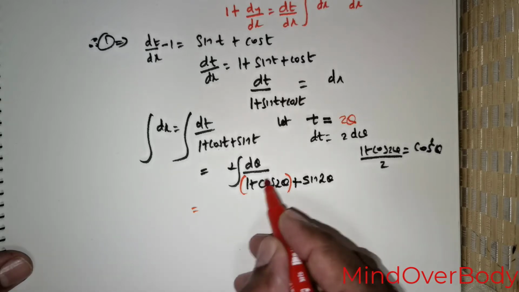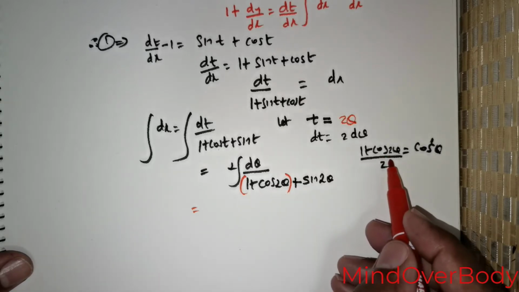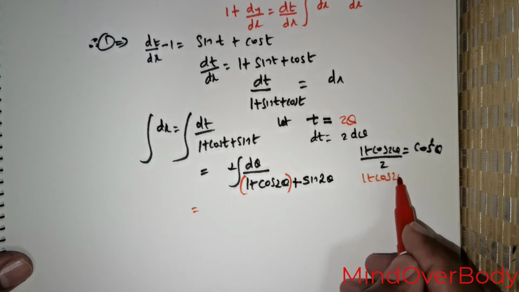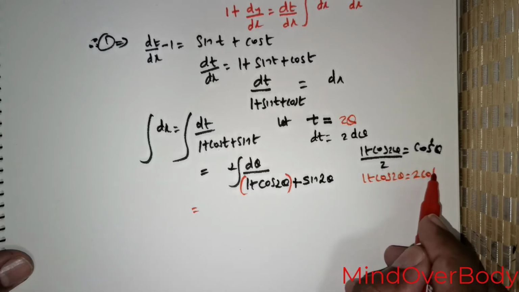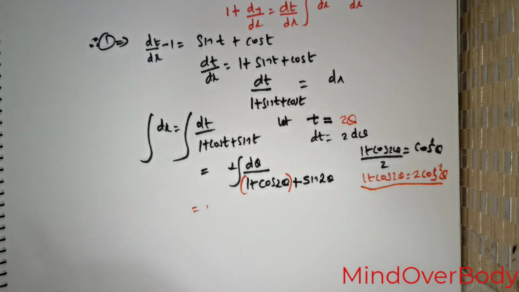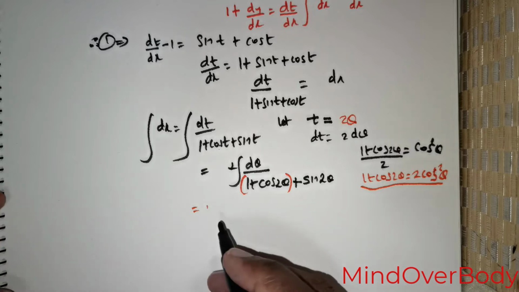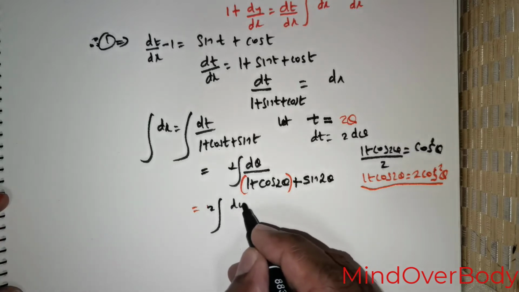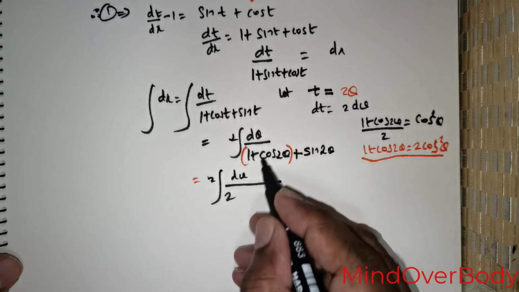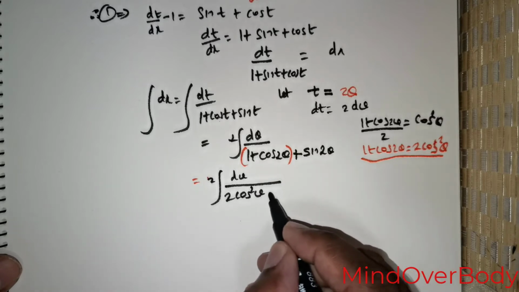So if I were to substitute, replace 1 + cos 2 theta to be equal to 2 times cos squared theta, then this is going to be 2 times d theta divided by, so this is 2 times cos squared theta plus.